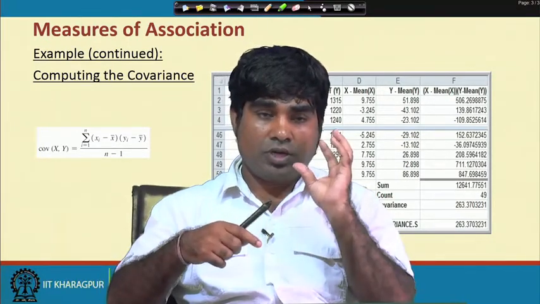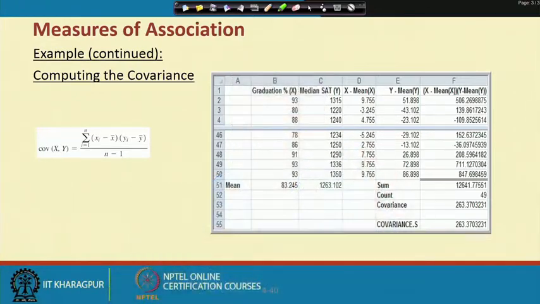Having -1 means perfectly negative association, having +1 means perfectly positive association, and in between, let us say -0.9 or +0.9, -0.8, something like that, it can indicate highly correlated or more considerable association. If it is close to 0, then it is a weaker association.